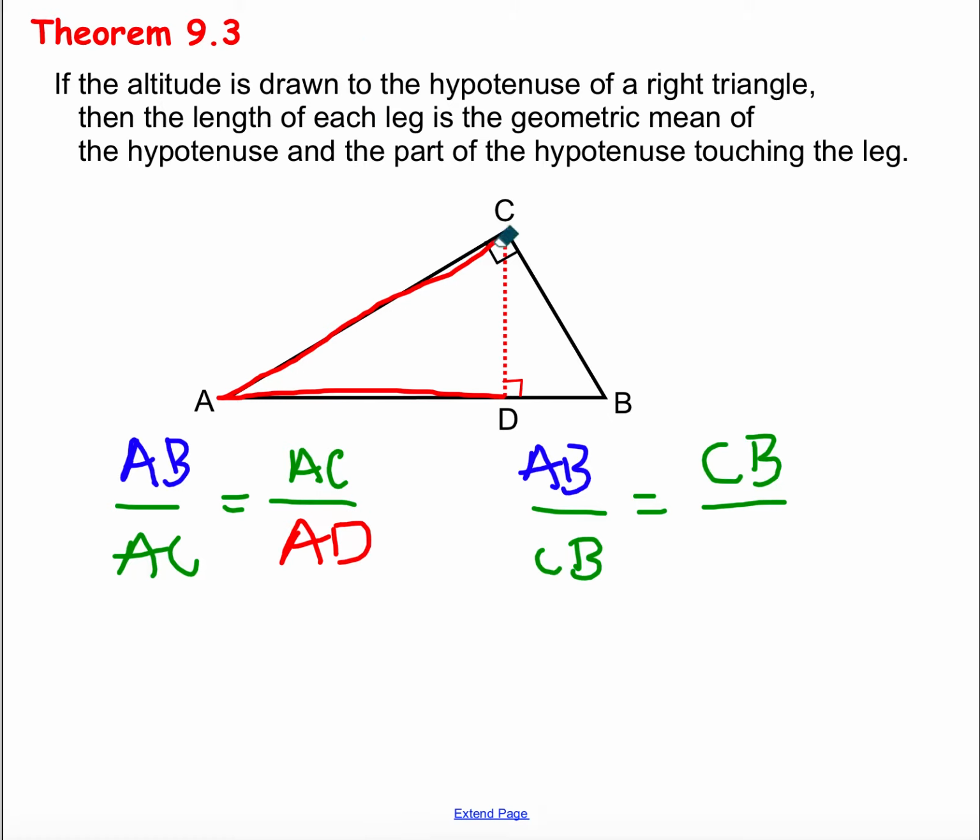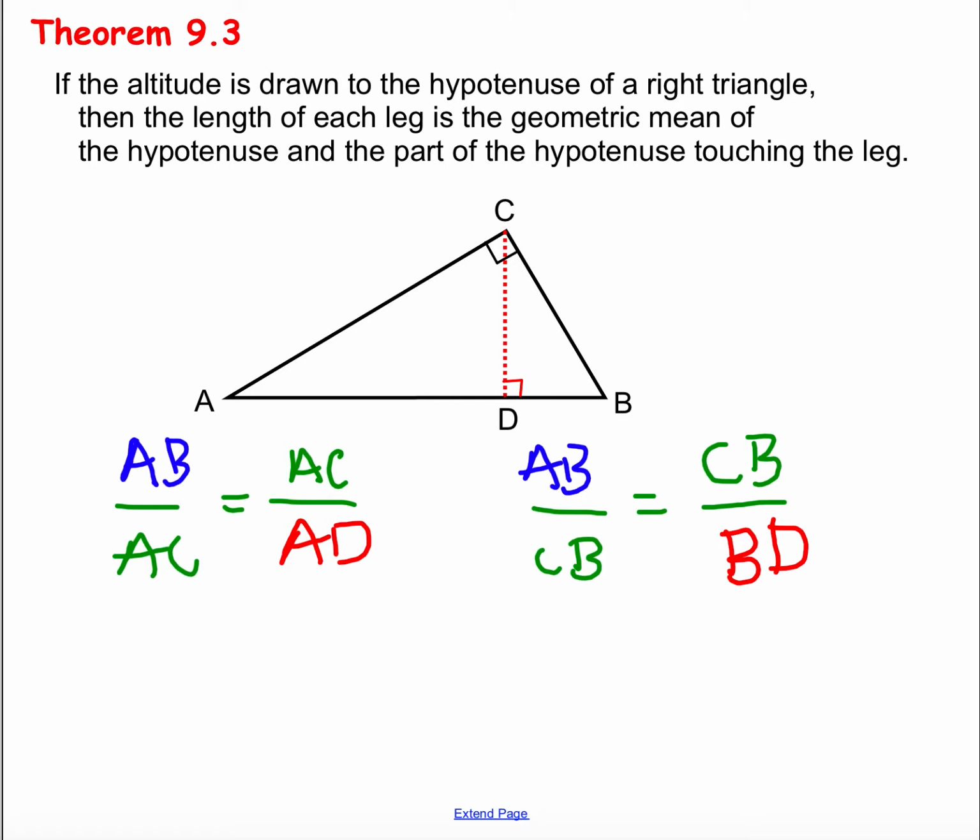Okay? And for CB, what part of the hypotenuse is touching the leg? Well, clearly that's BD. So the length of each leg, AC and CB, is going to be the geometric mean of the entire hypotenuse and the part of the hypotenuse that's touching the leg.